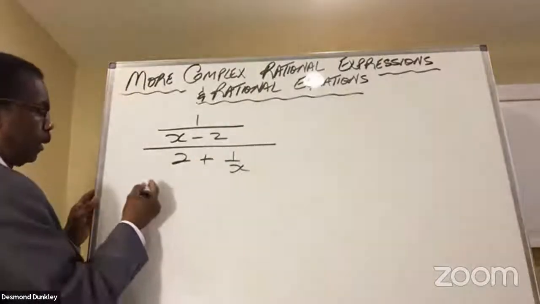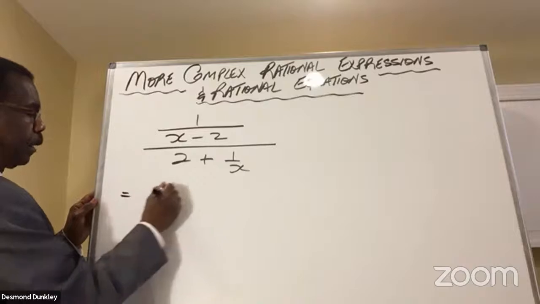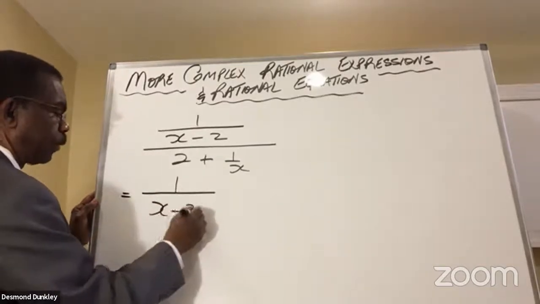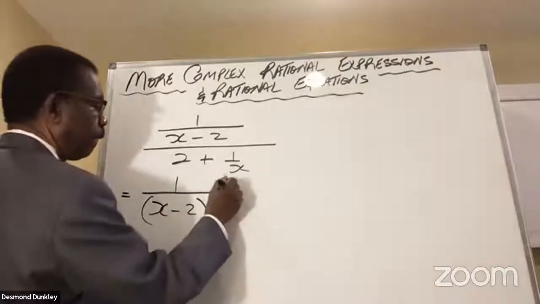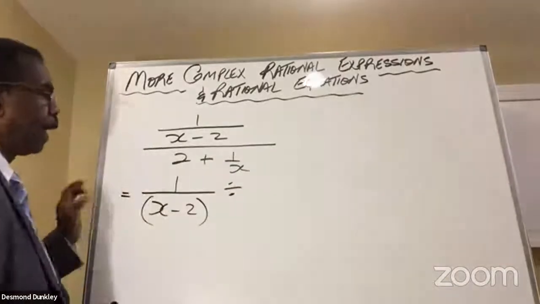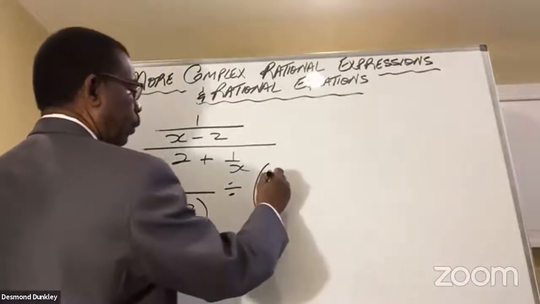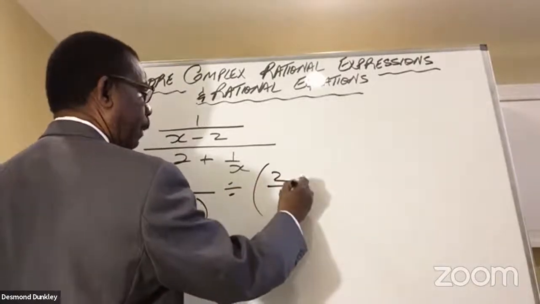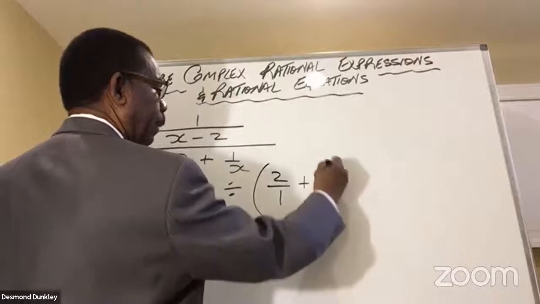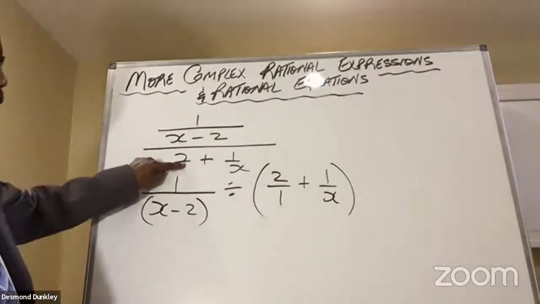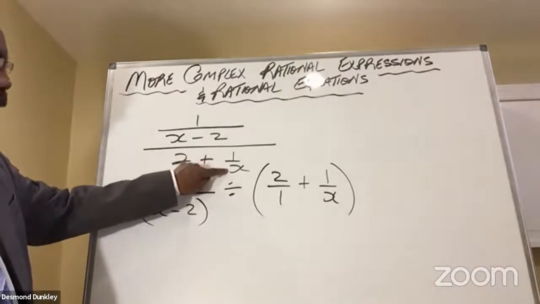So here we go. This becomes 1 over x minus 2 divided by, now I'm going to work on this right now. So it is 2 over 1 plus 1 over x.